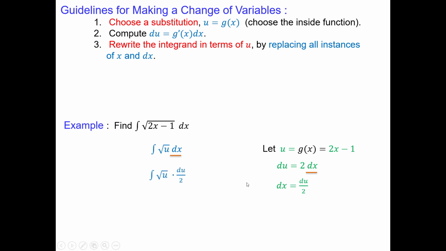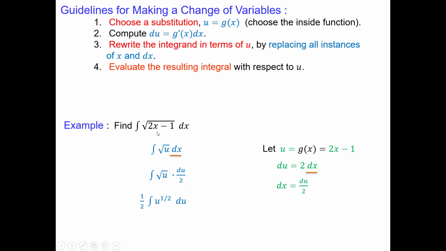Well, when we now replace that, we now see a much easier function, where if we pull out the 1/2, we could rewrite this now as the integral of u to the 1/2 du. This is a much easier function to integrate now because it's just a single power function, a single variable to some power.